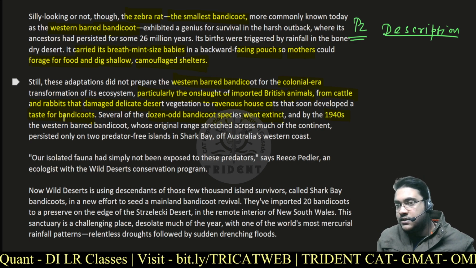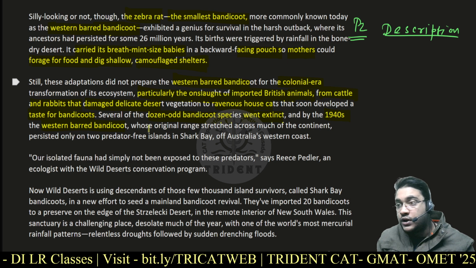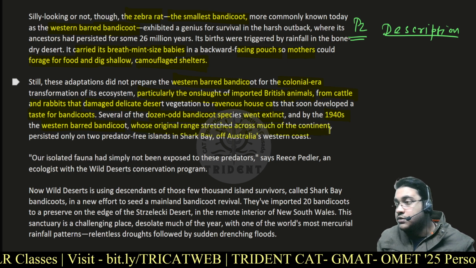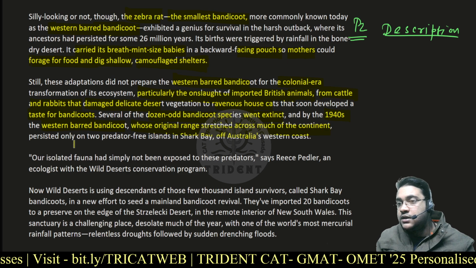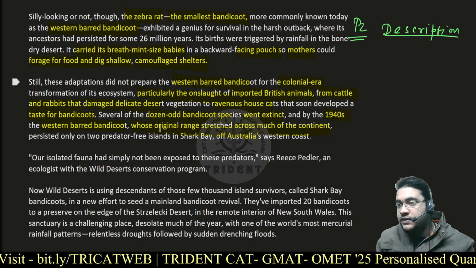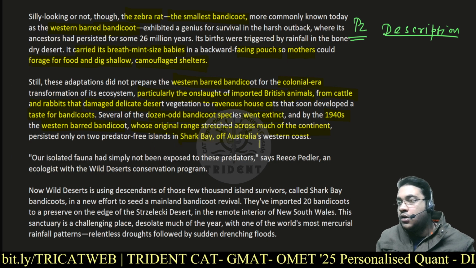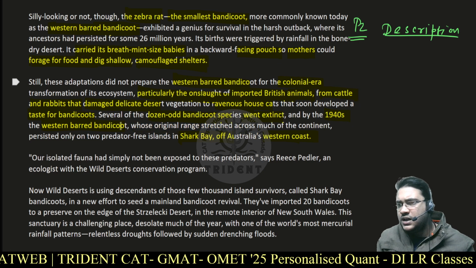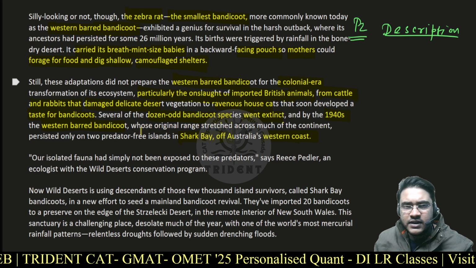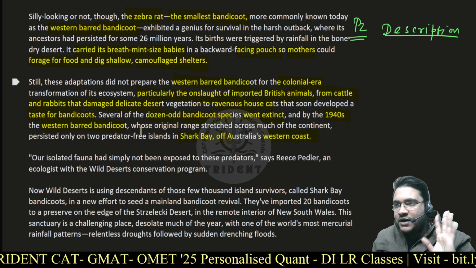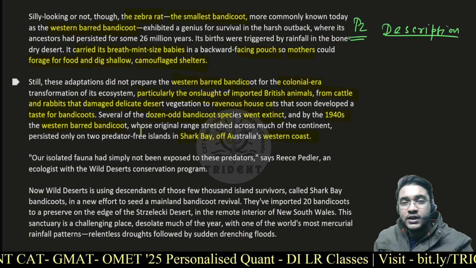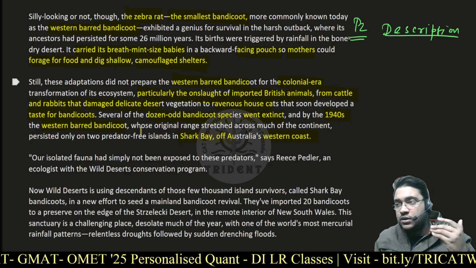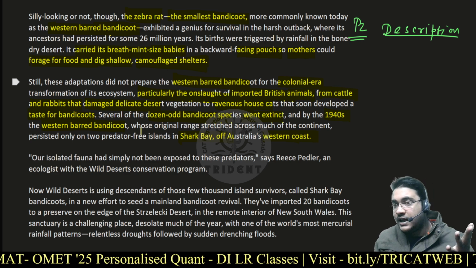And by the '40s, the western barred bandicoot, whose original range stretched across much of the continent, persisted only on two predator-free islands in the Shark Bay of Australia's western coast. Now we don't need to mark everything in yellow, but you have to understand that this is because of the colonial influence. The western barred bandicoot went extinct in the '40s.